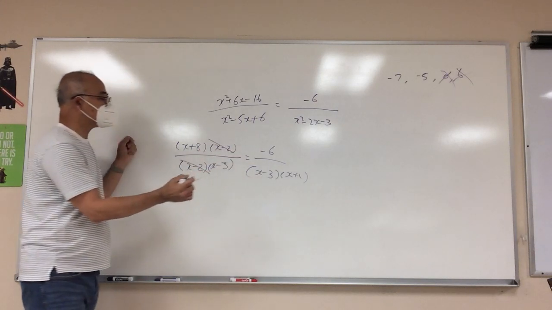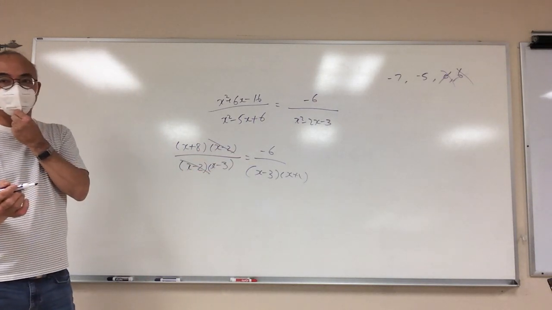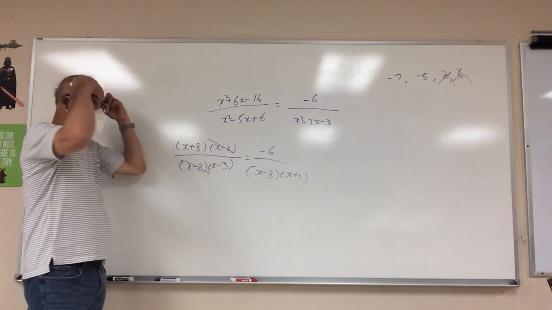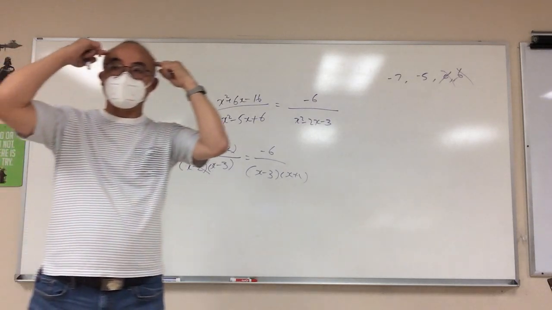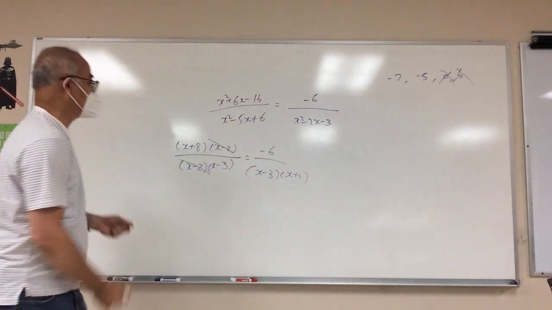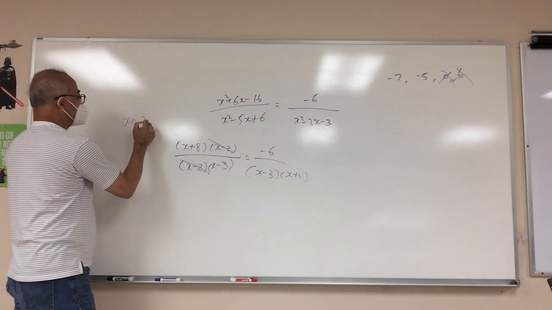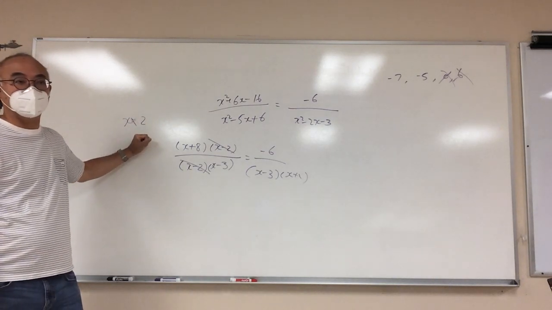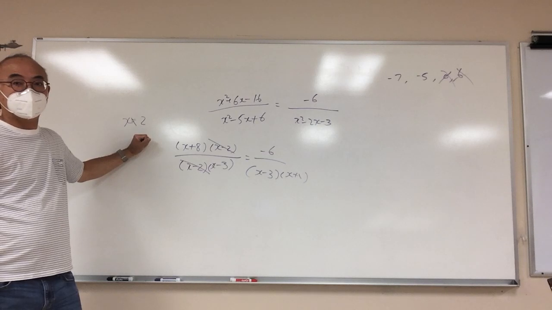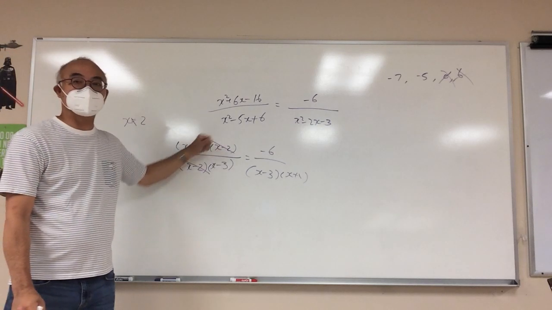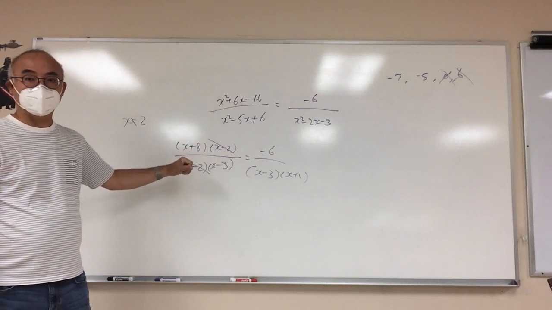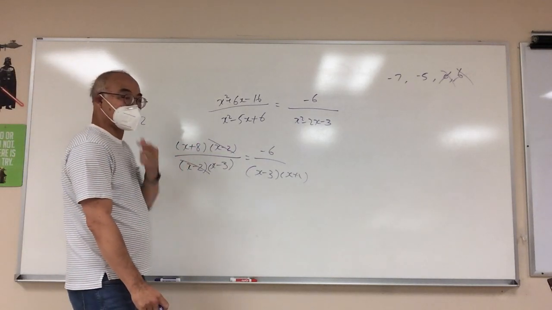Okay, so when I do this, what am I saying? They cancel out, but I also have to make a note mentally. This is not happening, right? I'm assuming that it's not 2, because I can't divide both sides by 0, correct? So I'm making this assumption. What's the next step?